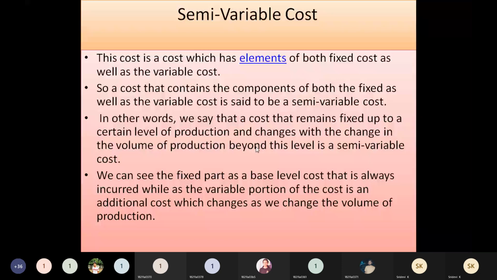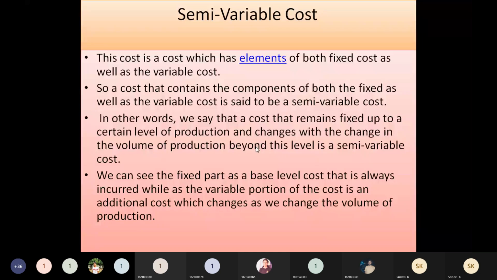Like now you are having SIM cards, no? So to get incoming and outgoing, at least 50 rupees minimum you have to pay, which is called a fixed cost. And it will vary with the usage. If you use more, you need to pay more after that limit of 50 rupees.